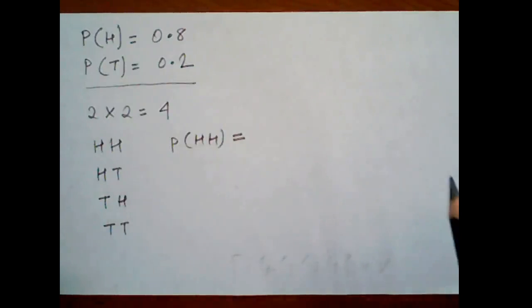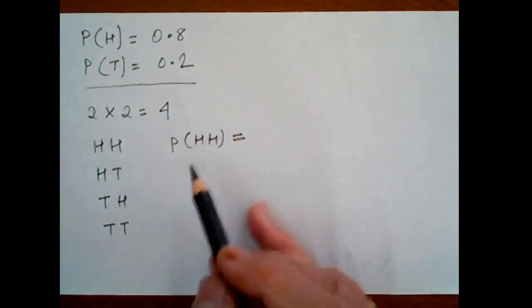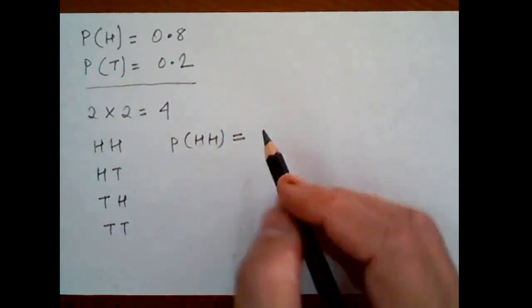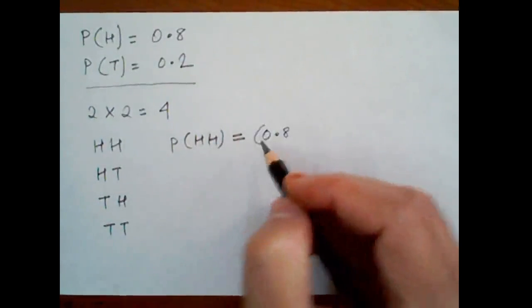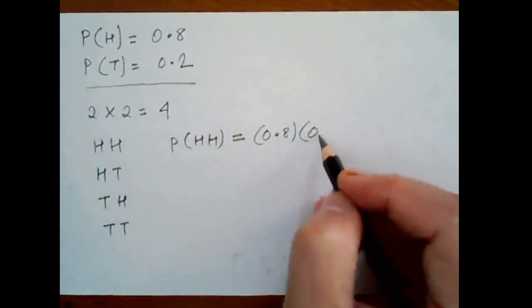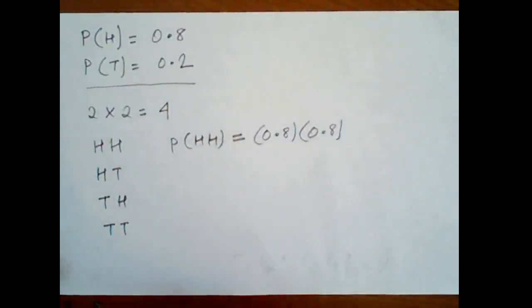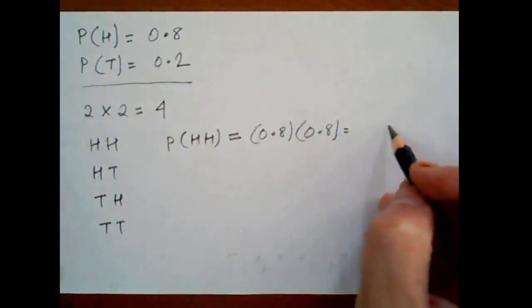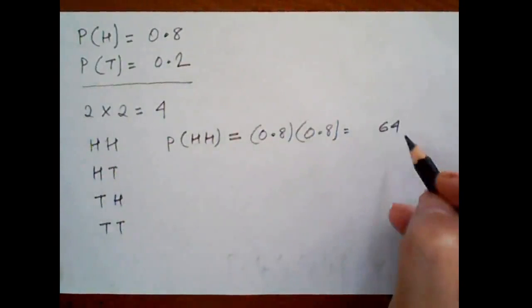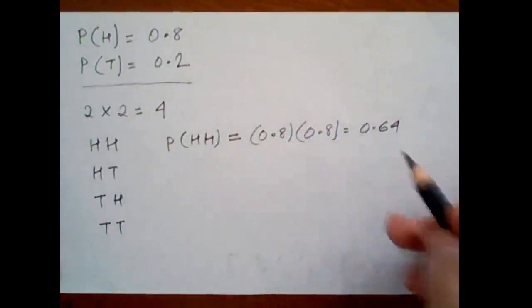So I can actually multiply the probabilities. So probability of heads in the first toss is 0.8, and that of the second toss is also 0.8, and both multiplied together give me a value of 0.64.